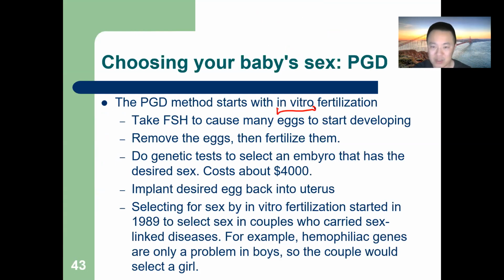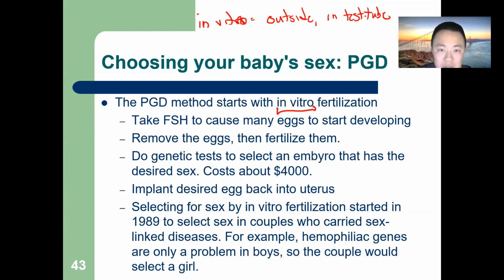In vitro means outside or in a test tube. That's what I hear a lot of people say and describe it as. There's another one called in vivo, which means within the living.